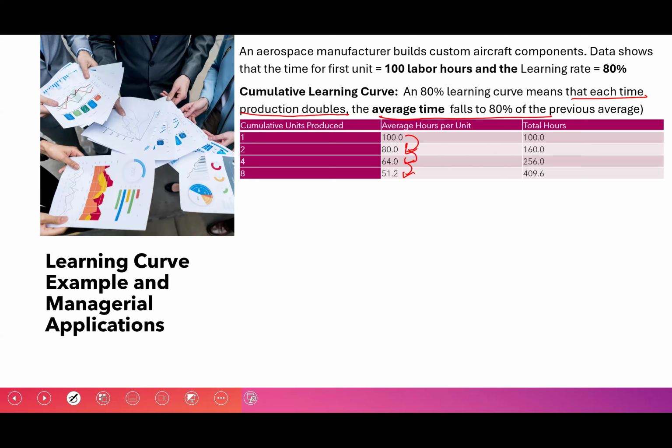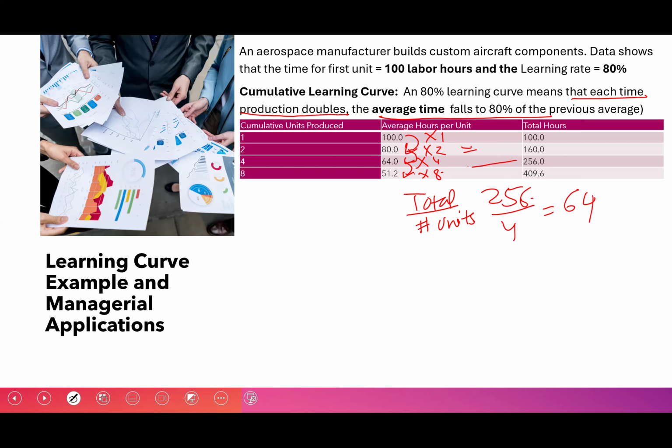Second thing to worry about is what are the total hours taken. Now this one is 100 times 1, this is 80 times 2, equal to total time, times 4 and times 8. Because how do you calculate the average of anything? You say total divided by number of units. So if your total is, let's say, 256 and number of units are 4, then average is going to be 64.